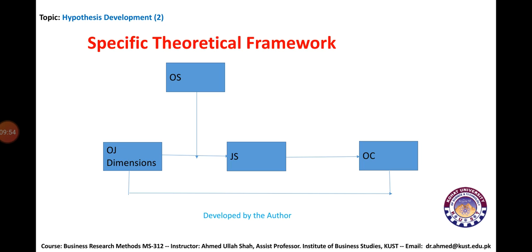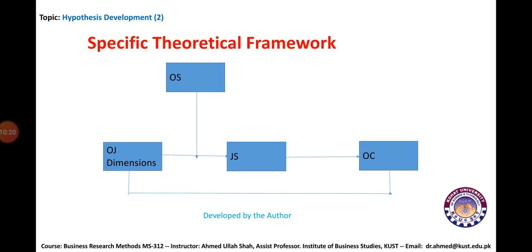Secondly, if we introduce a moderating variable, if we introduce yet another variable, that is organization size, then the relationship between organization justice dimension and organization commitment could also be affected on the basis of organization size.